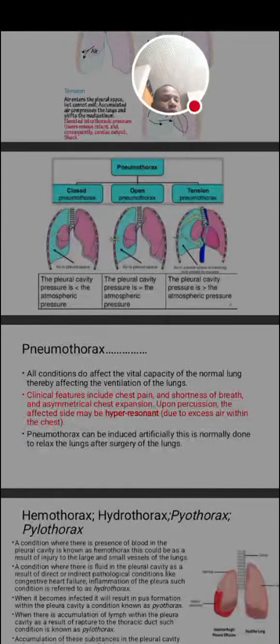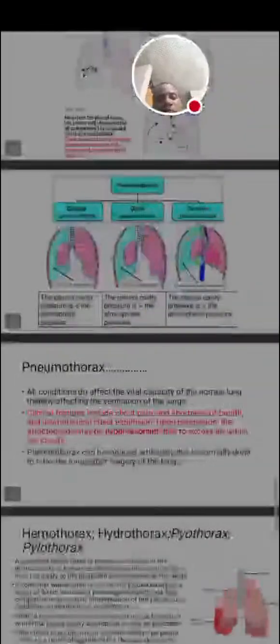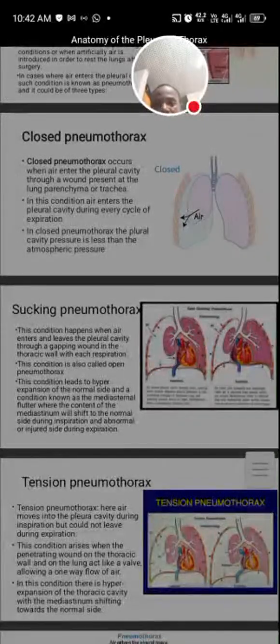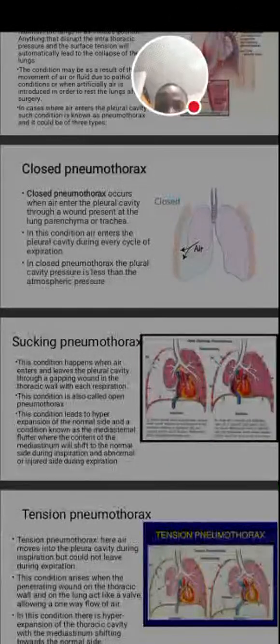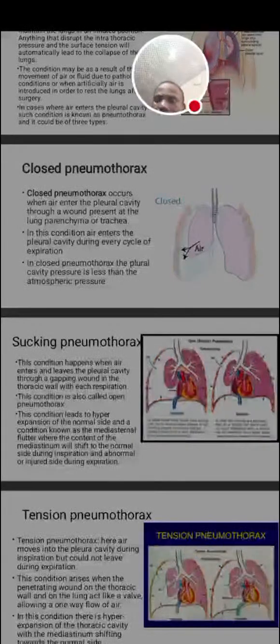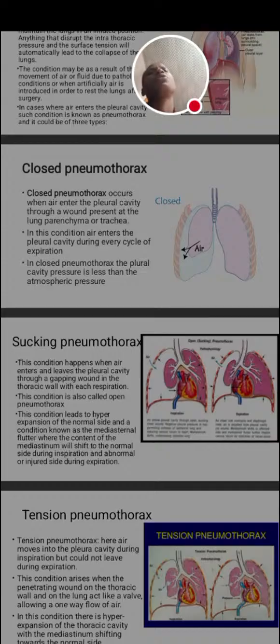As we talk about pneumothorax, look at pneumothorax in three different ways. Sucking pneumothorax is also called open pneumothorax. So we have cut, open, or sucking.